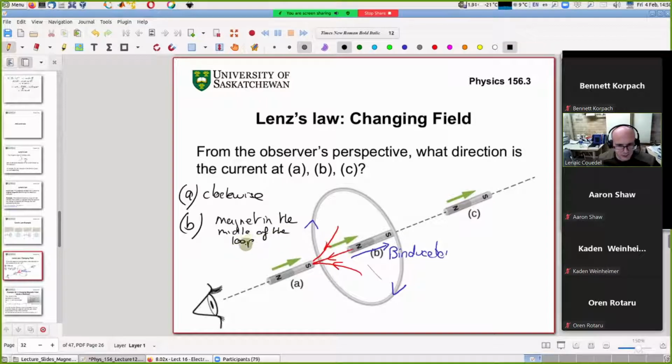So if you have a top view that I will show here, you have your loop like that, and you have your magnet right in the middle, with the south pole here and the north pole here. So what is the induced current now here? Counterclockwise.